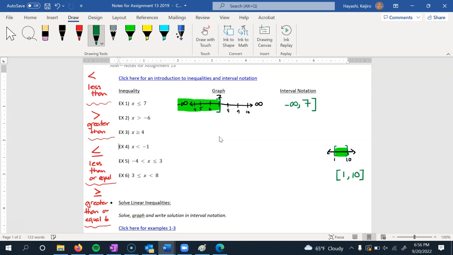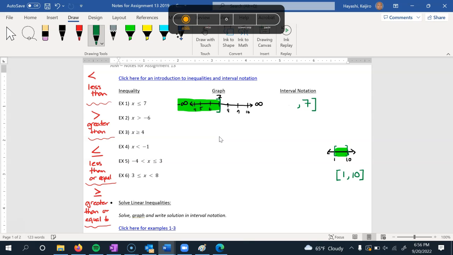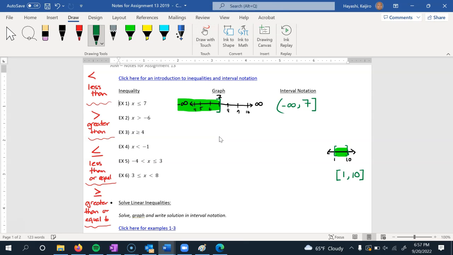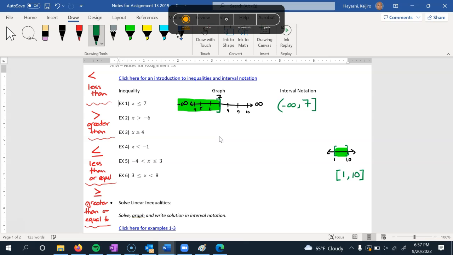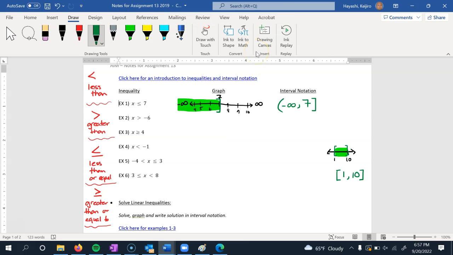Whenever negative infinity or infinity is one of your endpoints, it's always going to have a parenthesis on it. And the reason for that is negative infinity isn't a real number. You can't ever reach it.